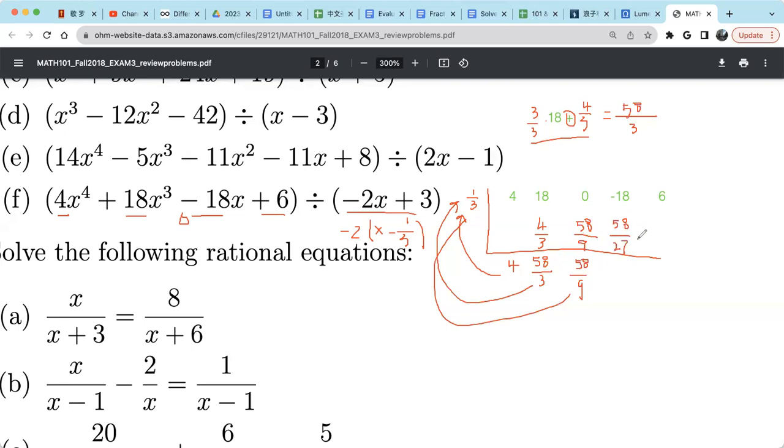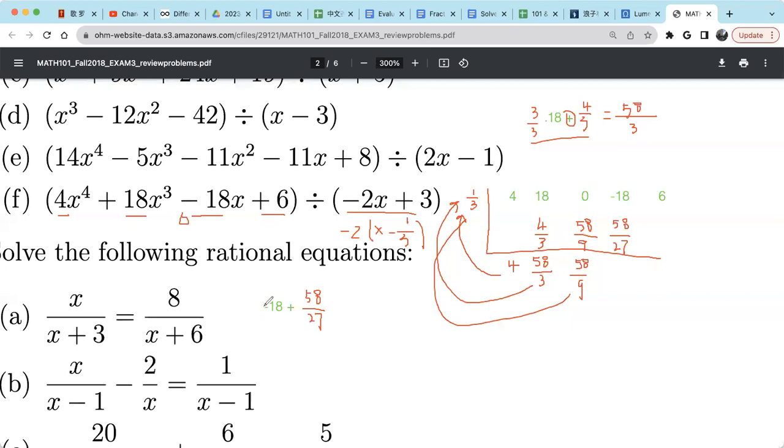Then we add those two numbers. How do we add those two numbers? Let's add over here. We have negative 18 plus 58 divided by 27.